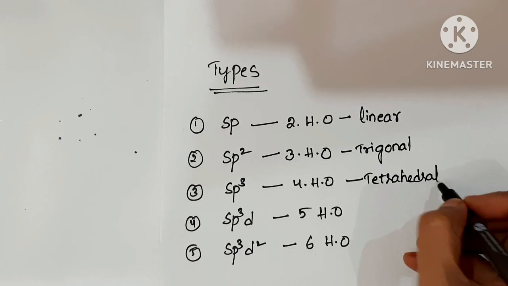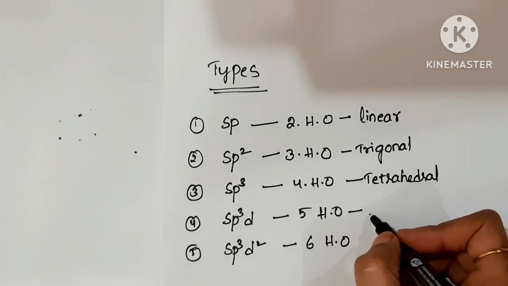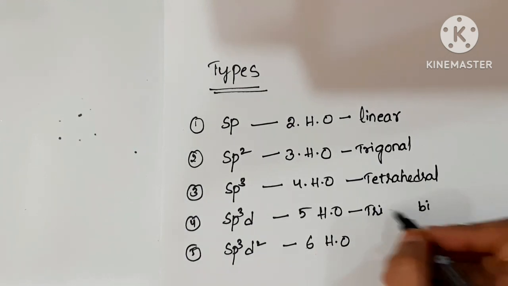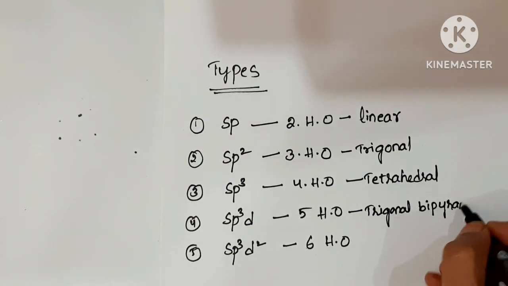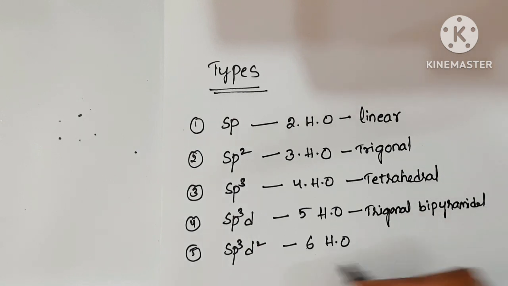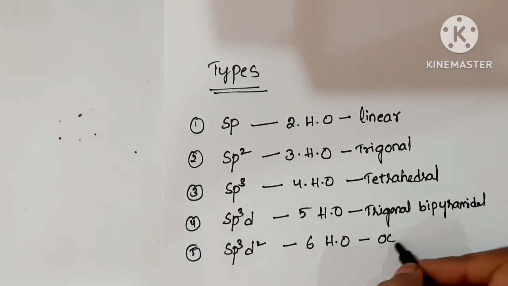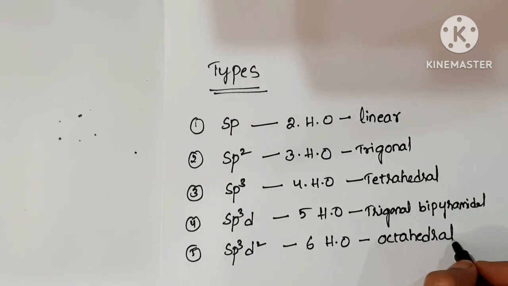Here 5 hybrid orbitals, trigonal bipyramidal. And here 6 hybrid orbitals, where 6 means hexa but here octa, octahedral.